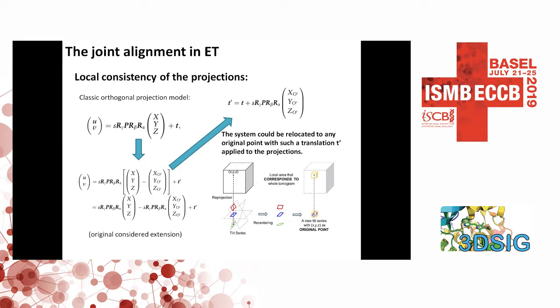It is formulated that the system could be relocated to any origin point with such a translation T applied to the projections. We get the local tilt series, and then we reform them and they become a tilt series that can be used for reconstruction.